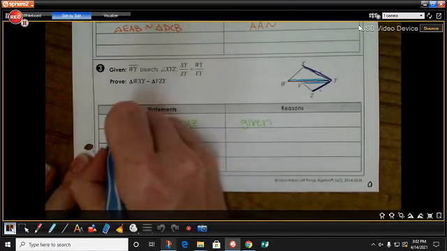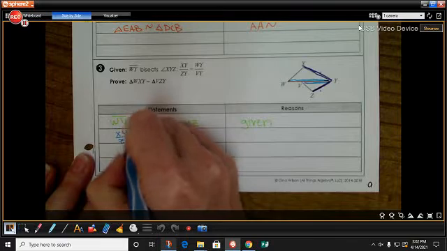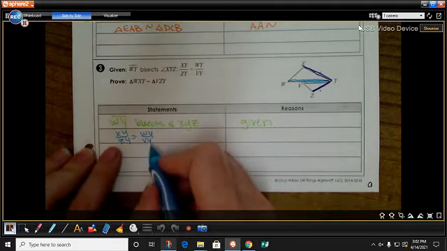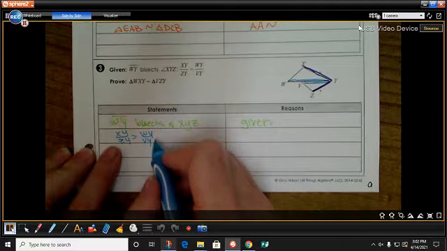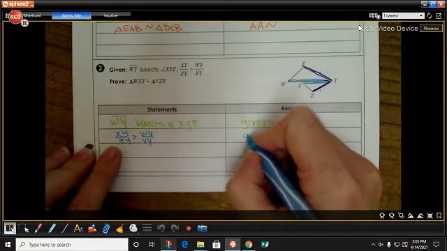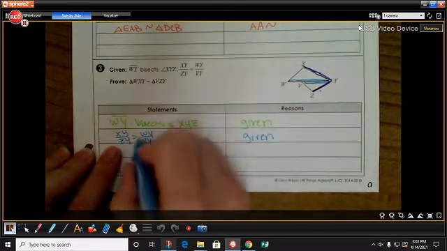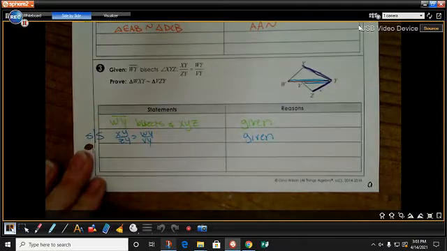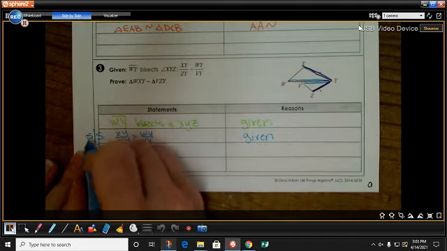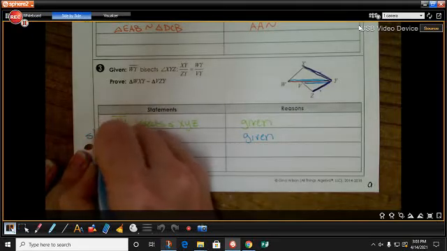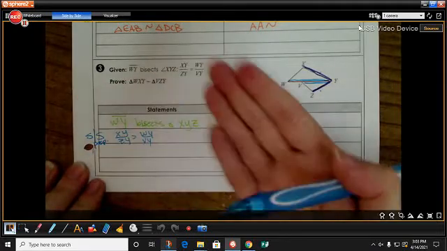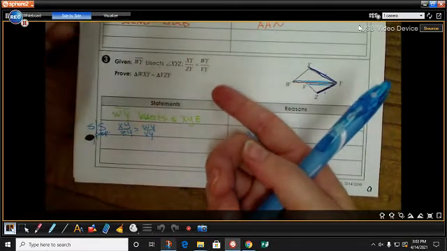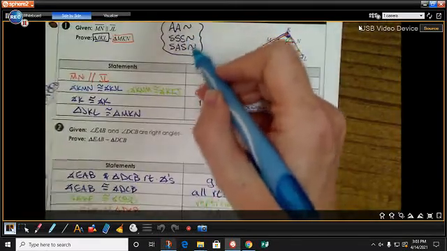Well, that, my friends, ZY equals WY to VY, that's saying that there are two sets of sides being proportional. I have two sets of sides proportional that was given to me. Well, if two sets of sides are proportional, that gives me a side and a side right there. So all I need is either a third set of sides being proportional, or I need a single angle to be congruent. So I can use one of these.